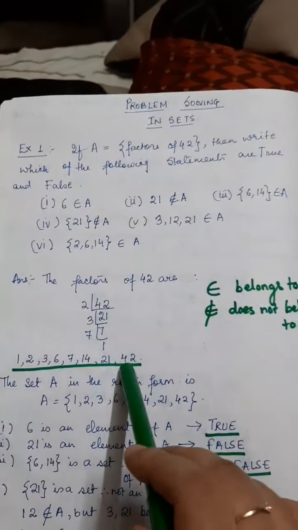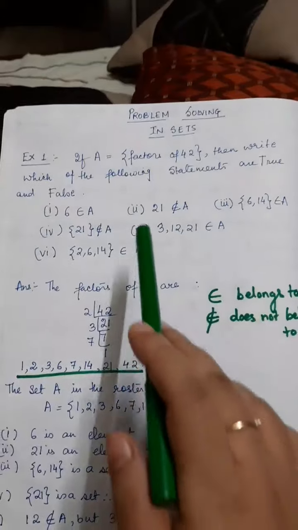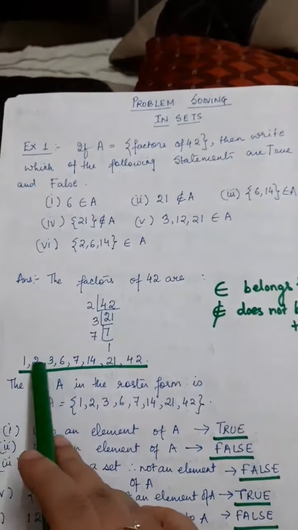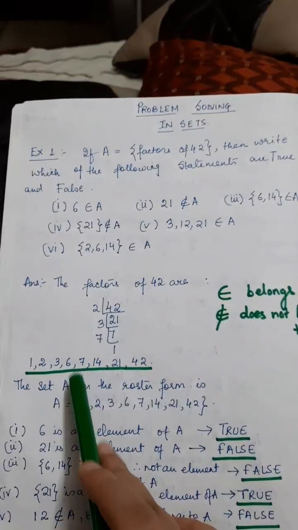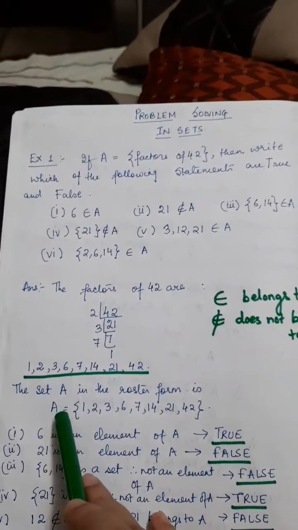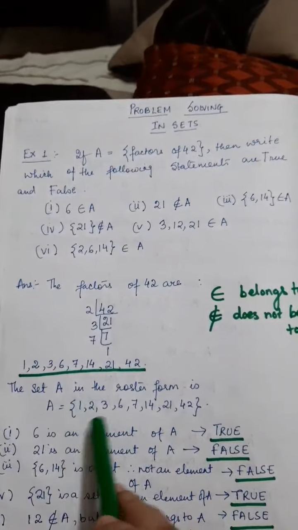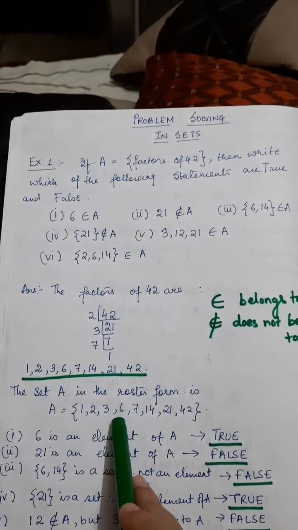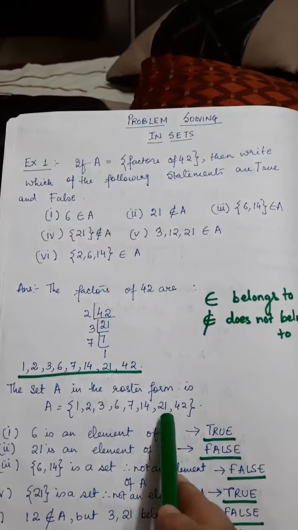I write it down. Now, factors of 42 is set A. So I write this in roster form, that is set A is equal to, within curly brackets, 1, 2, 3, 6, 7, 14, 21, 42.